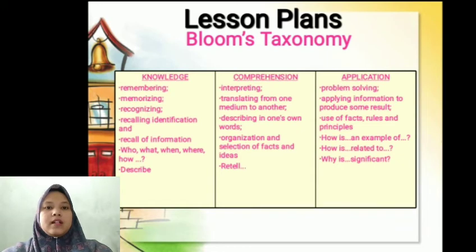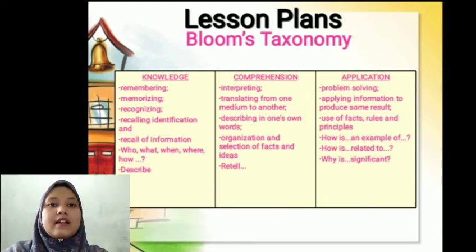In this phase, students will remember, memorize, recognize, recall, and identify information. To test a student's ability, he must explain what information he gets. For example, knowing the symbol A is the letter A.